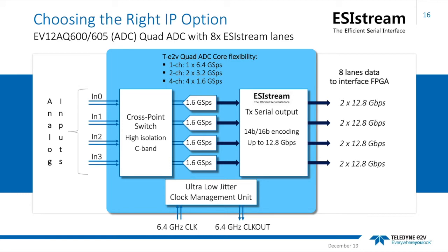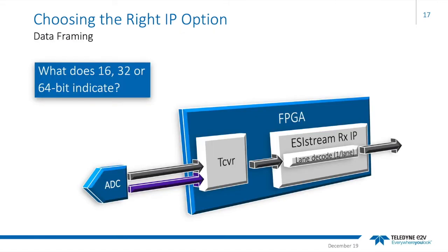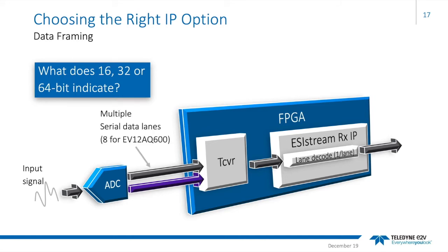With such versatility, data framing at the transmit end of the chain can be quite confusing. So let's take a closer look at that. This block diagram shows a signal connected to a standalone ADC. The ADC in turn is connected via multiple serial data links to an FPGA.